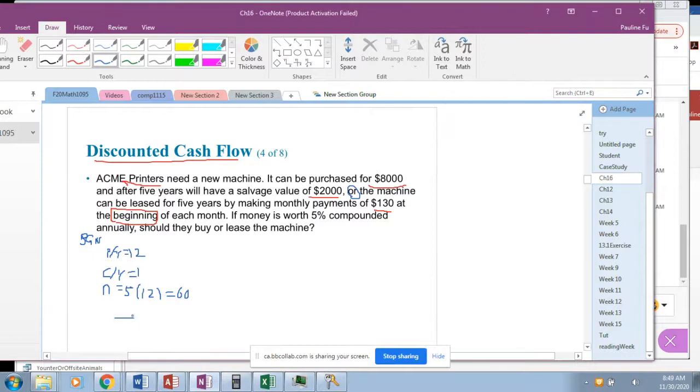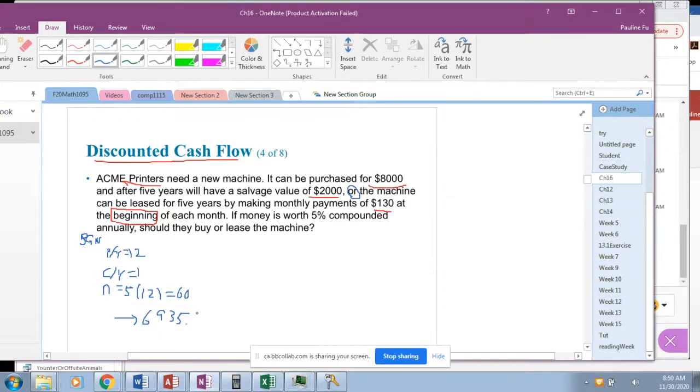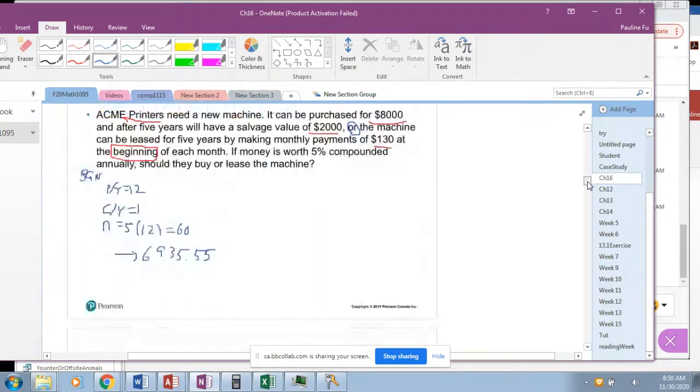Okay. So this is the calculator method. Okay, we get this number.